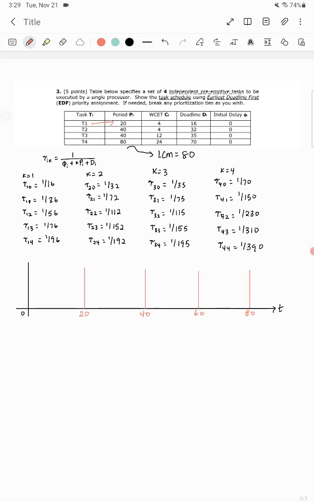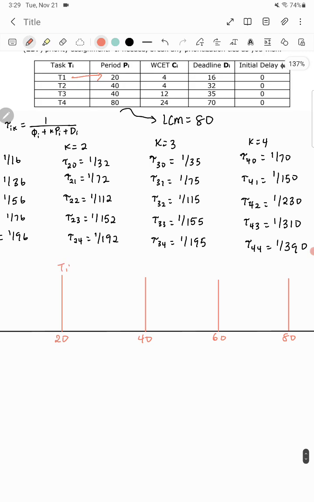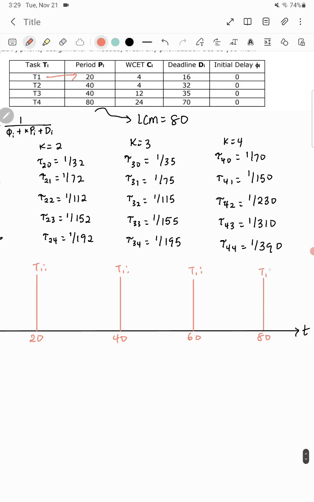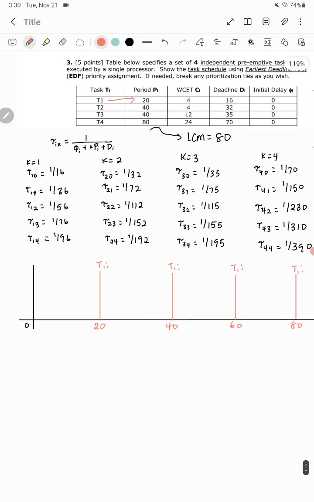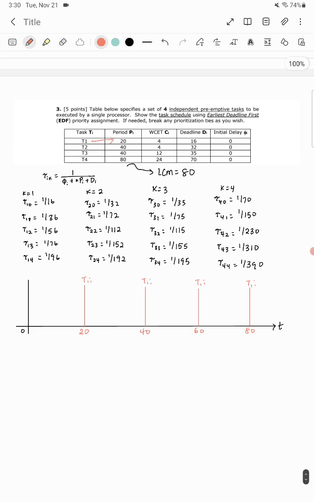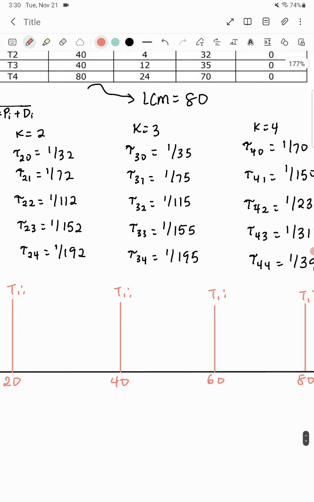We've plotted everything for T1. I'm just going to put T1 here, T1, T1, and T1. Okay, so the second period we are looking at is the period for task 2. We are saying that the period for task 2 is 40, meaning at every 40 intervals within the range of this timing diagram we are drawing here, T2 has a place somewhere here.